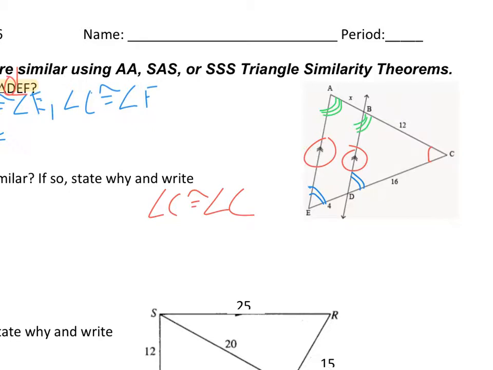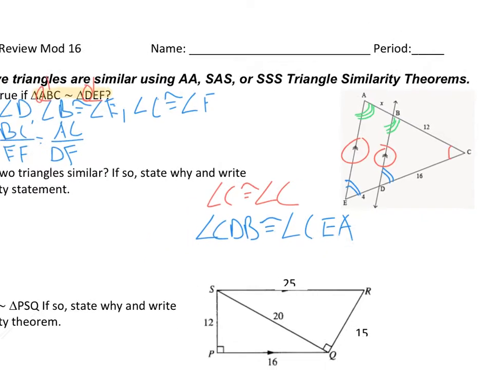Now, we only need two of those. So I'm going to use the first one I wrote. So angle CDB is now congruent to angle CEA. If you wrote angle E is congruent to angle D, I would accept that, but the more correct way of writing it is this here.